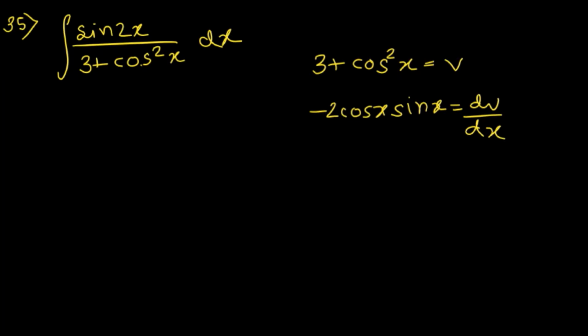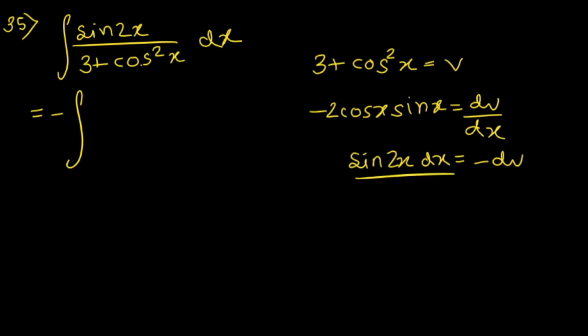You know that 2 sin x cos x gives sin 2x, so it is sin 2x dx, and the minus term gets transferred to minus dv. So you are left with minus integration of dv by v, since 3 plus cos square x is v. So this term also gives log v plus c.